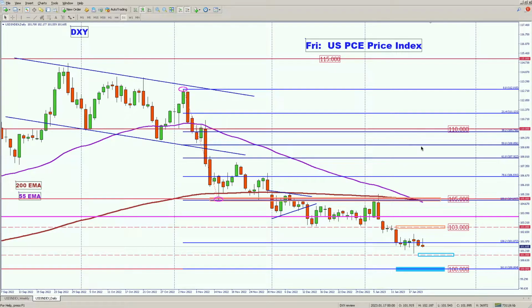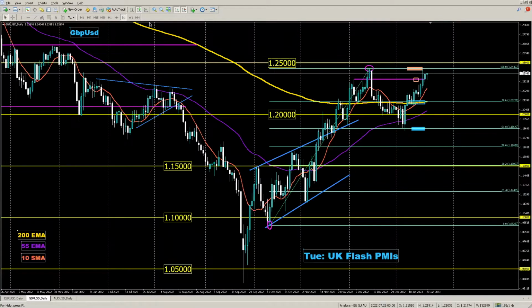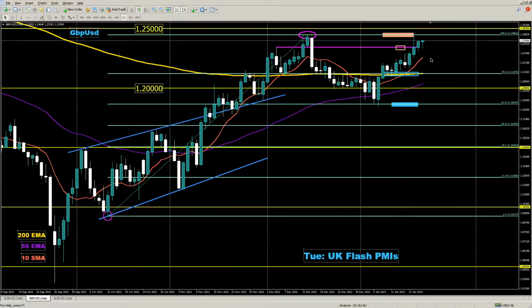All right, so let's move back to the other major pairs. Let's move on to the cable. And the cable did attempt to creep up higher from the previous week, and did manage to break through this minor resistance here, and attempting to retest.